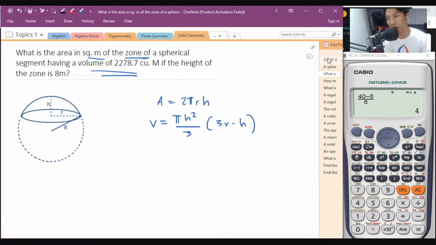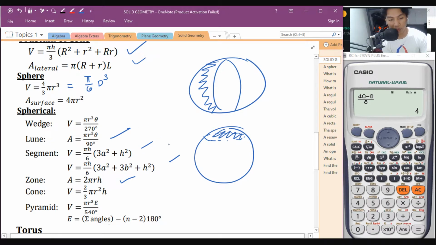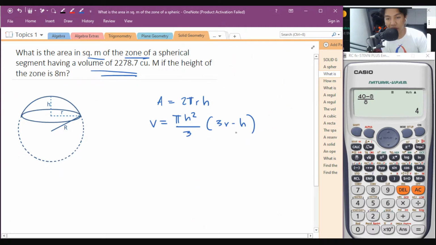Sir, saan mo nakita yan? Ito. Segment. Pinactor out ko na lang yung isa. Okay? So, what is number 2? Yung volume, okay? Volume ng segment. Ilan yan? V segment is equal to 2278.7 meter cube.